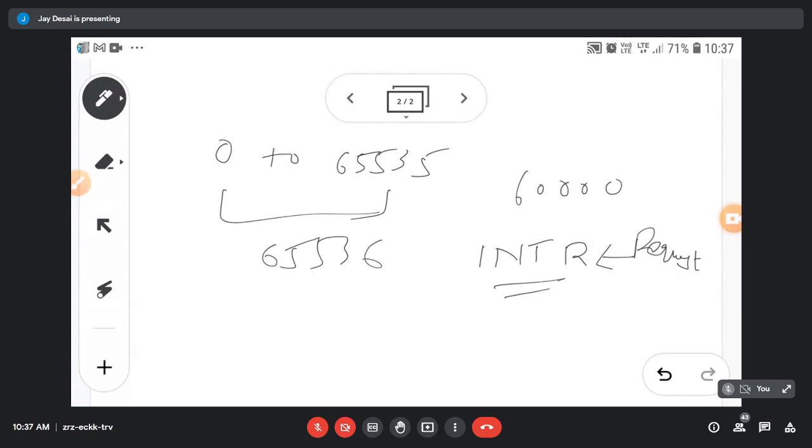He will come straight to your house and deliver the post. Suppose my name is Jay Desai, my house number is 1. If it is mentioned on the post that bungalow number 1, Jay Desai, what will the postman do? He will straight away come to bungalow number 1 and deliver the post to me.